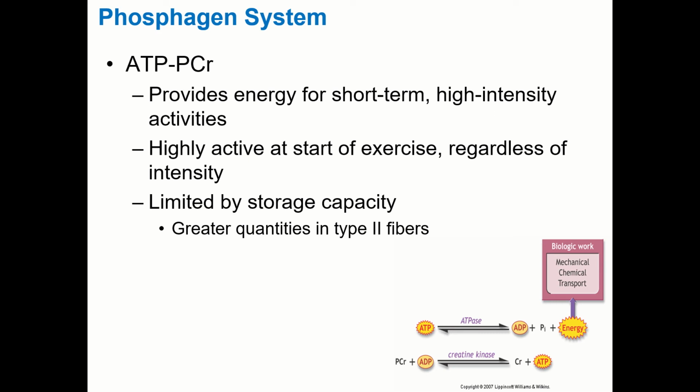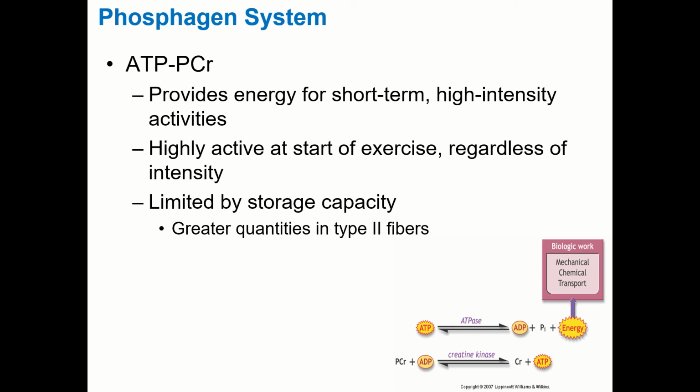When I was first learning this, years ago now, like 20 years ago, I was like, well, if ATP phosphocreatine can produce so much energy so quickly, why don't we just use that all the time? And the answer is because both ATP and phosphocreatine are really heavy molecules. And because they're so heavy, you can't store very much of them.